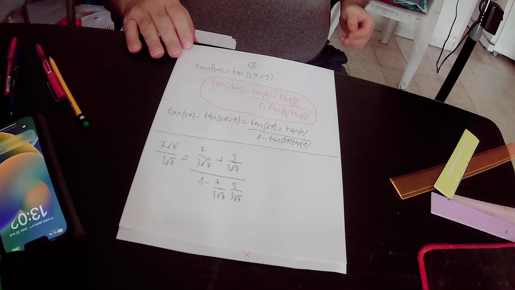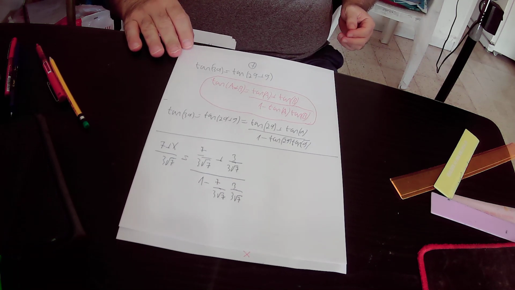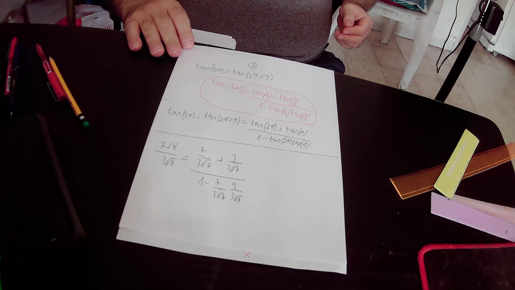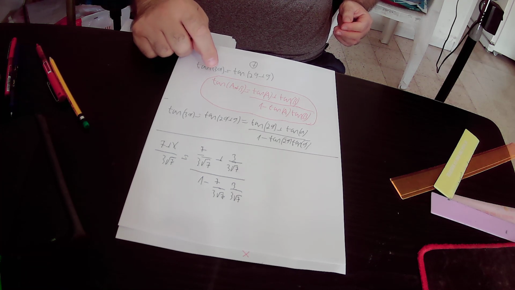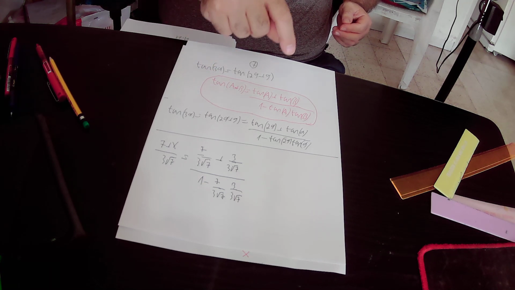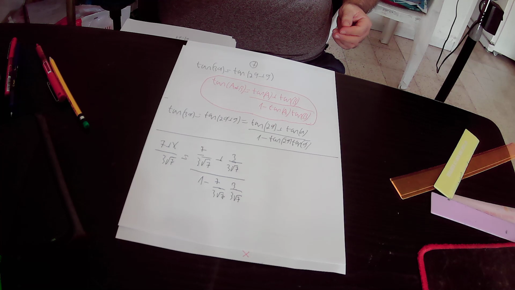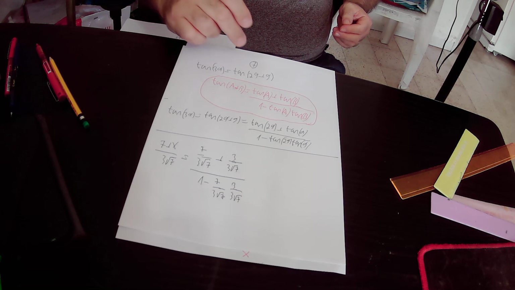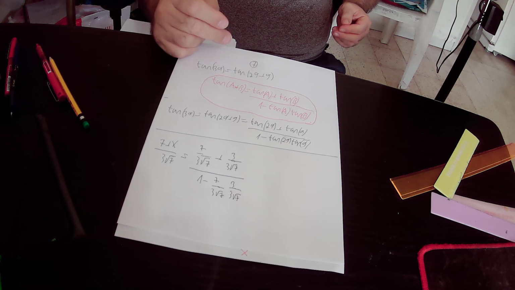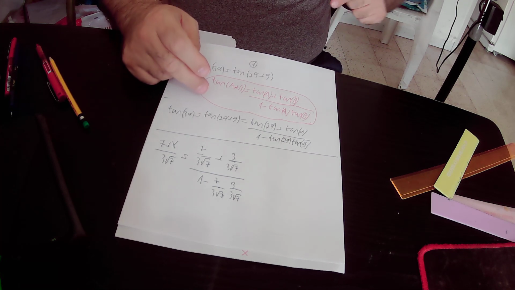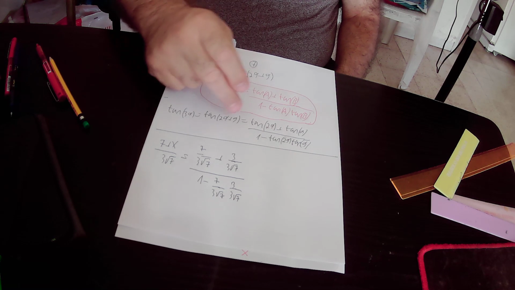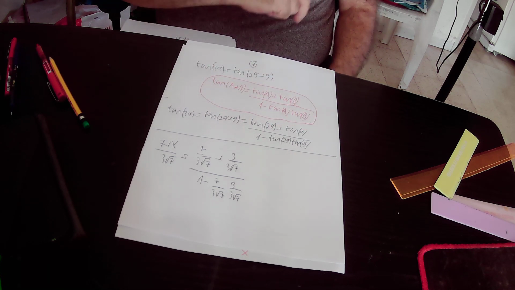In order to find out the value of tangent of 2 alpha plus alpha, I presented to you a new trigonometric identity: tangent of A plus B equals tangent A plus tangent B over 1 minus tangent A times tangent B. So we used this identity, and the value of tangent of 2 alpha plus alpha equals tangent 2 alpha plus tangent alpha over 1 minus tangent 2 alpha times tangent alpha.